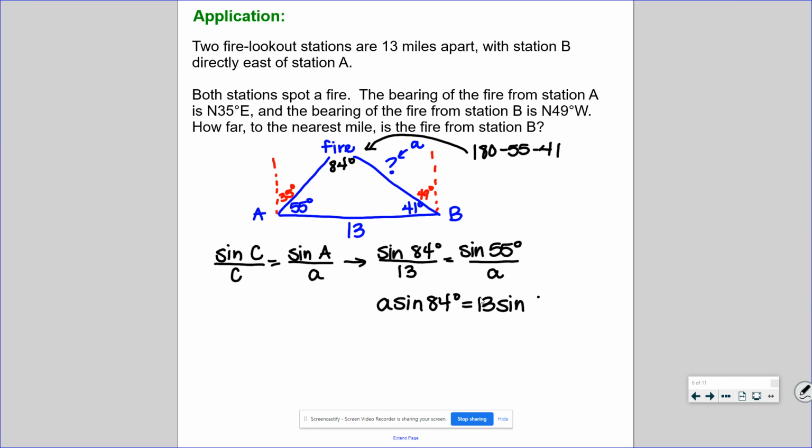And divide by sine of 84, and you are done. The answer to this question is 10.71 miles, but it says to the nearest mile, so we would say 11 miles.